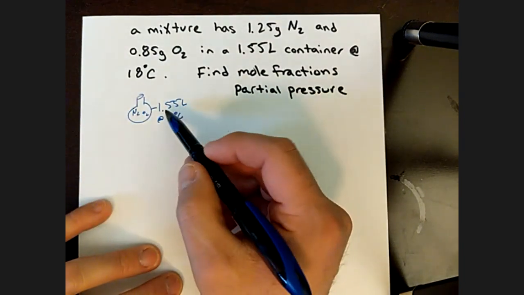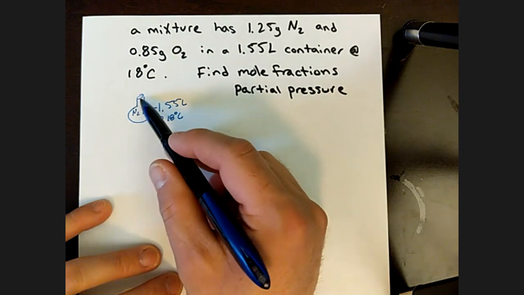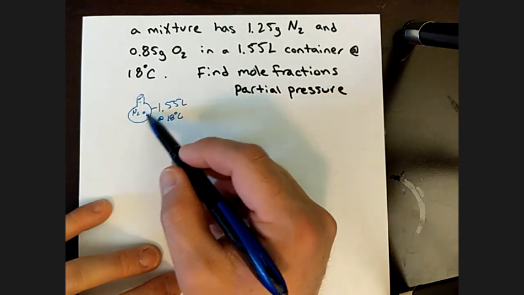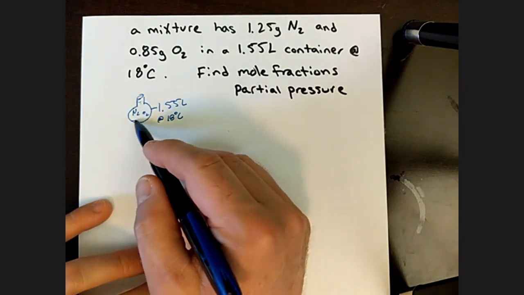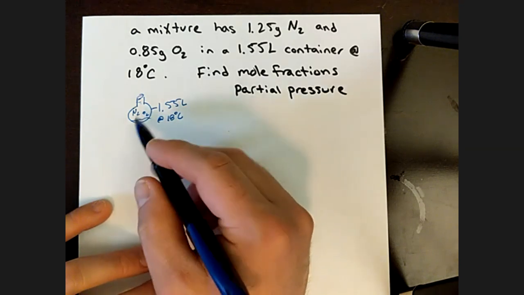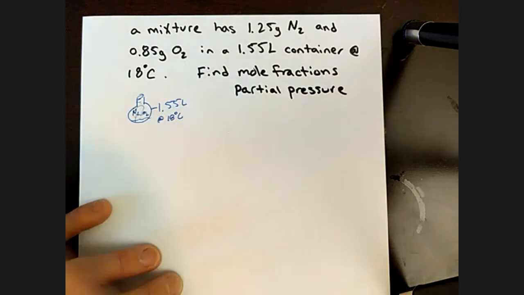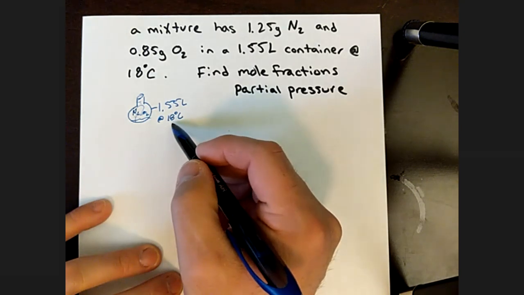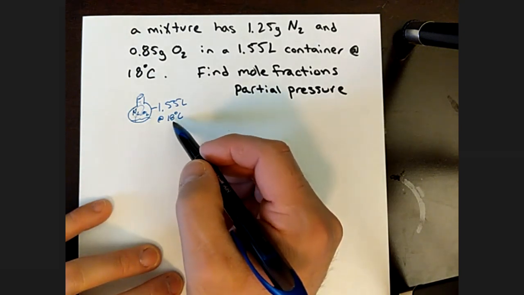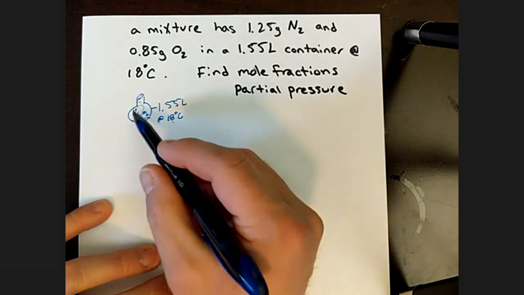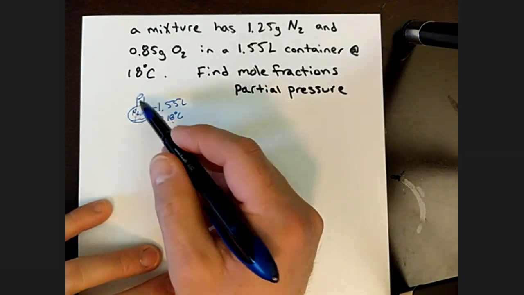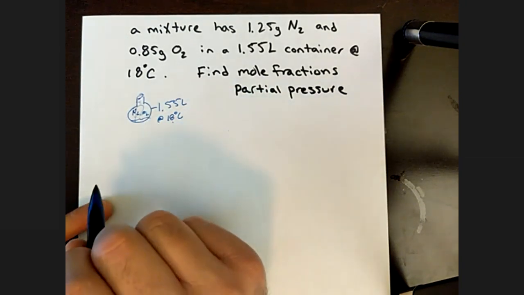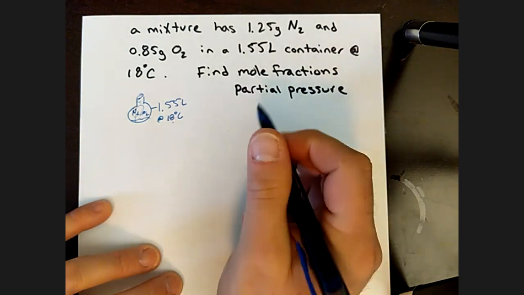Their total volume is the same because they're going to occupy all of the space in the container together. They're not just sitting at the bottom like a solid. They're both going to be at the same temperature. We're probably not likely to see temperature variations at the top versus the bottom. So here we want to find the mole fractions and the partial pressure.